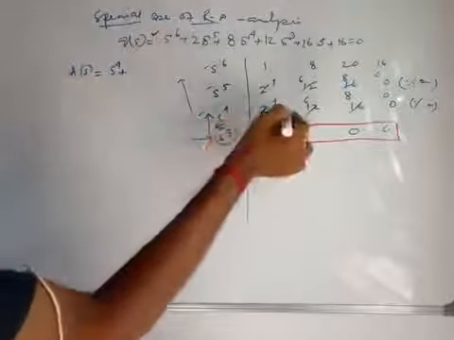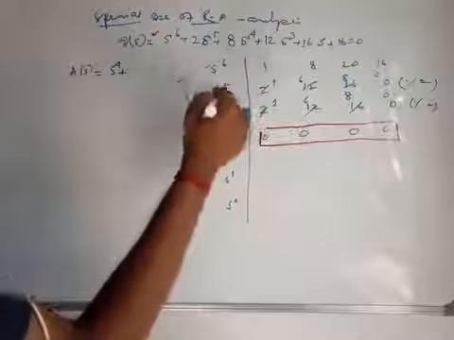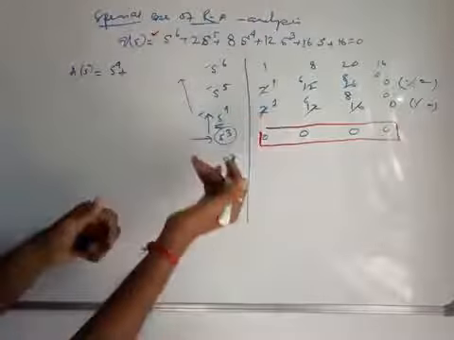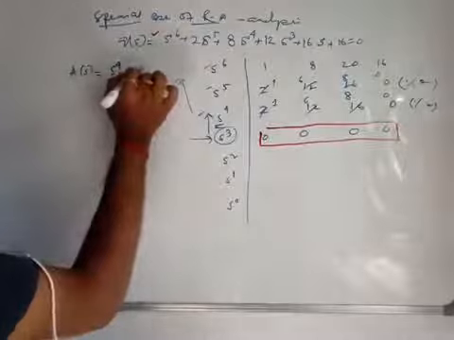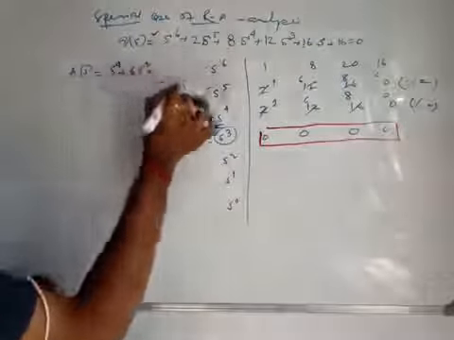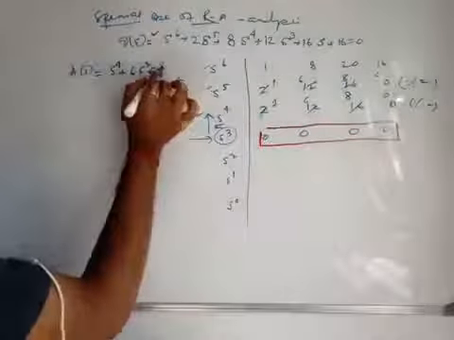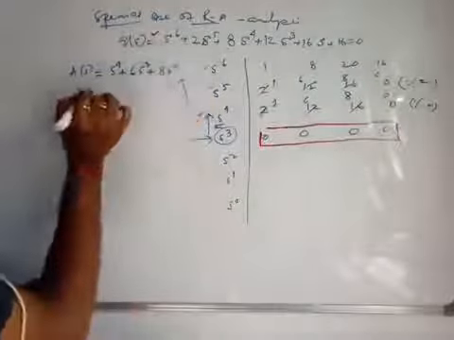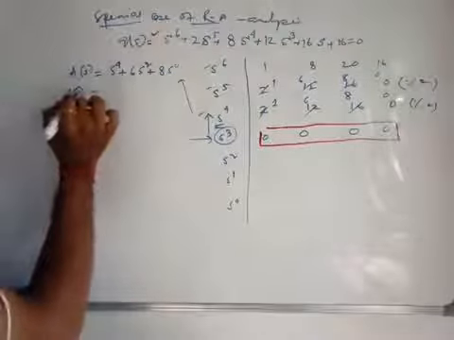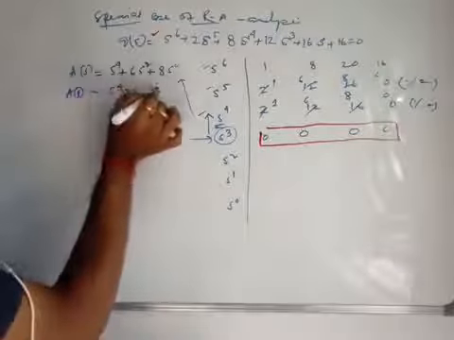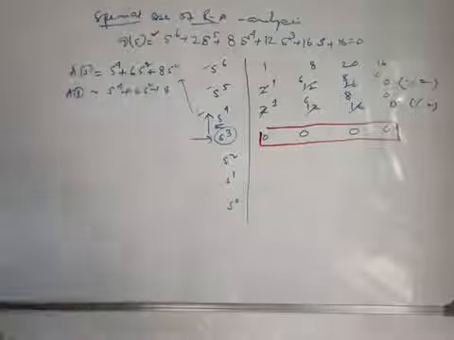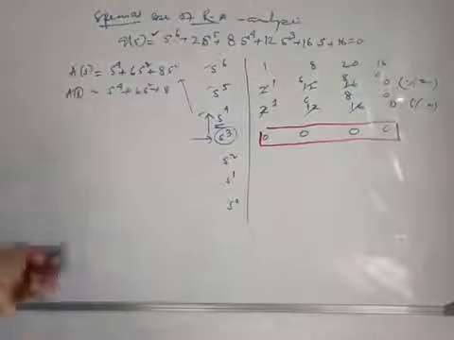Next, the power is reduced by 2, so 6 s to the power 2 plus 8 s to the power 0. That means the auxiliary equation becomes s to the power 4 plus 6 s square plus 8, right? And this is a fourth order polynomial.